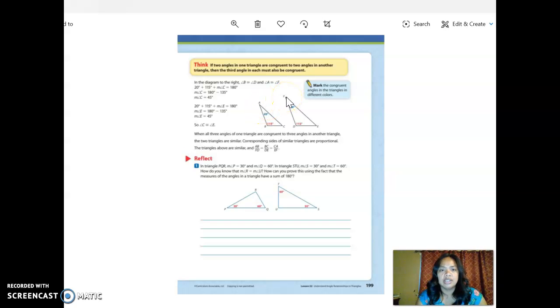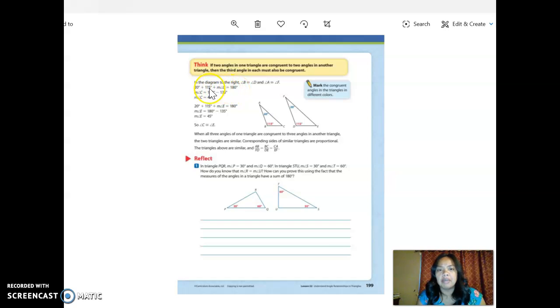Okay, so it says that if A and F are 20 degrees, and B and D are 115 degrees, we know that C and E also have to be congruent. That means they have the same measure. And so what they did is they did 20 plus 115 plus whatever the measure of angle C is going to equal 180.